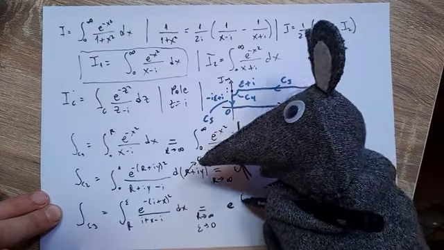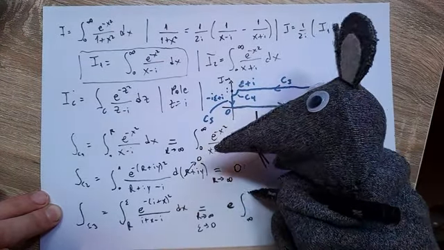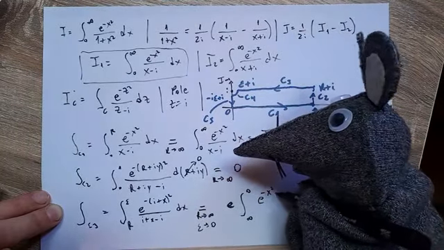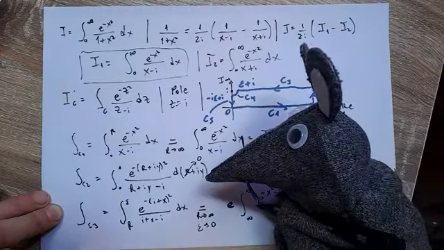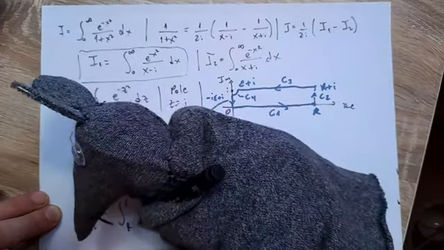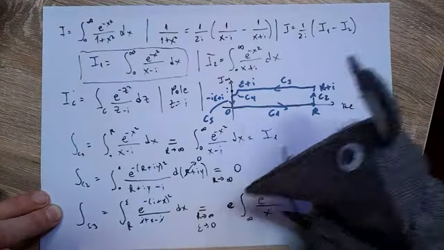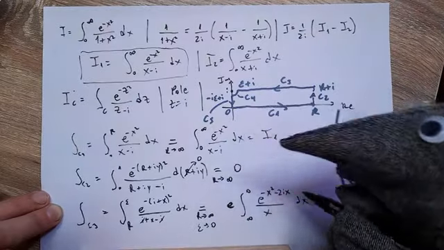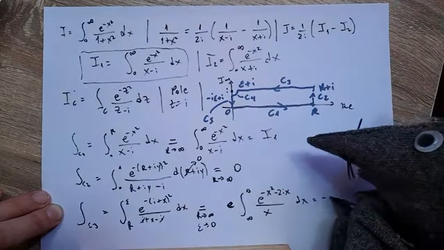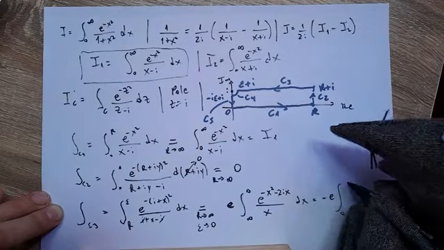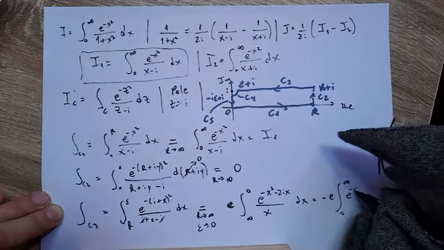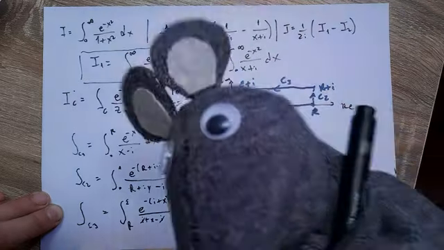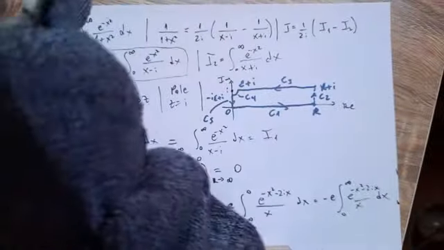So then the integral from infinity to 0 of e to the minus x squared minus 2ix over, here we simplify these i's, x dx. So this is the same as minus e times the integral from 0 to infinity of e to the minus x squared minus 2ix over x dx.